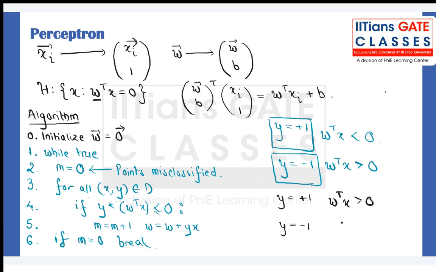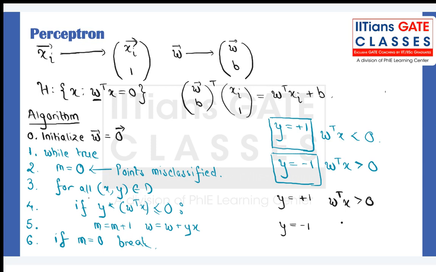Let's say your y is minus 1 and your W transpose X gives a value less than 0, which is negative. So negative times negative is positive. So whenever you classify the point correctly, y times W transpose X will be positive.